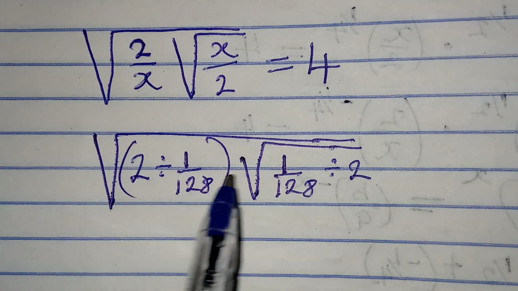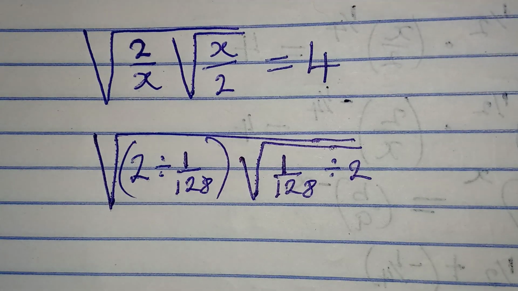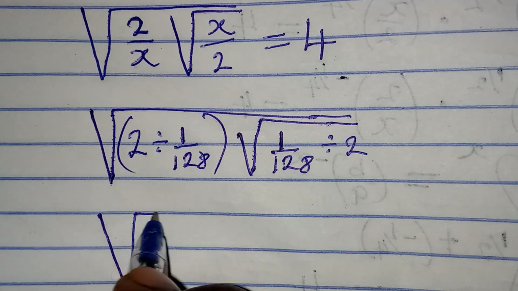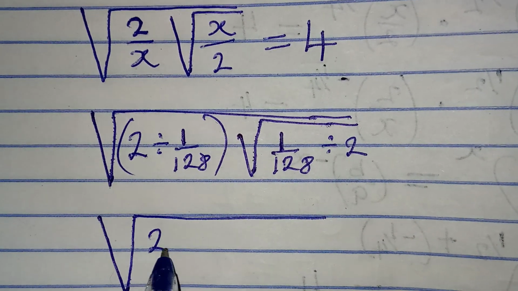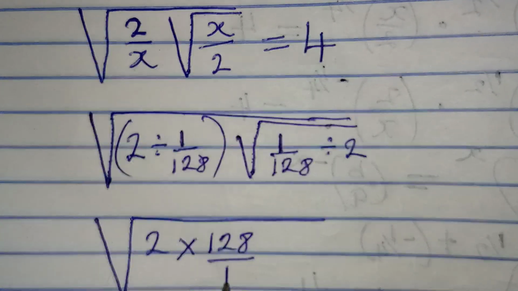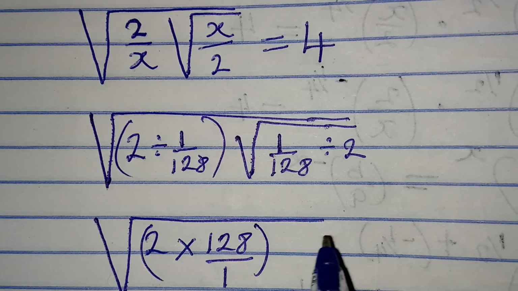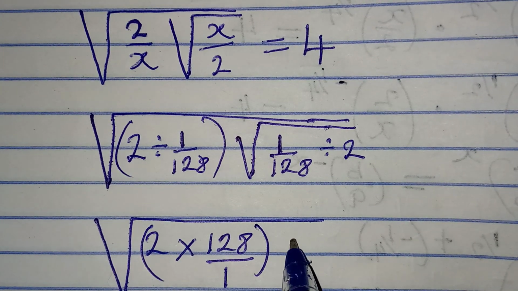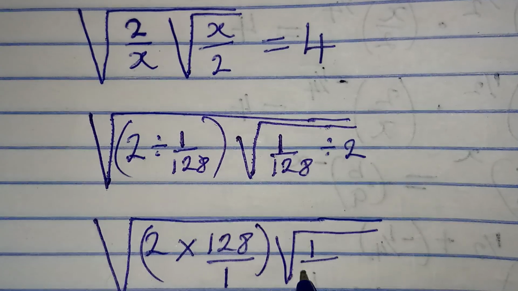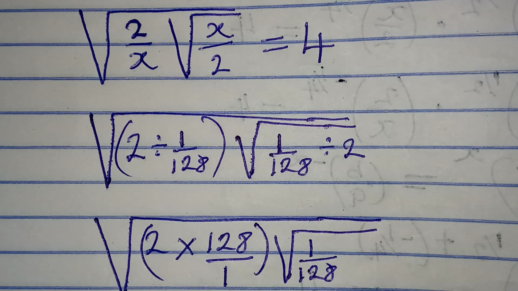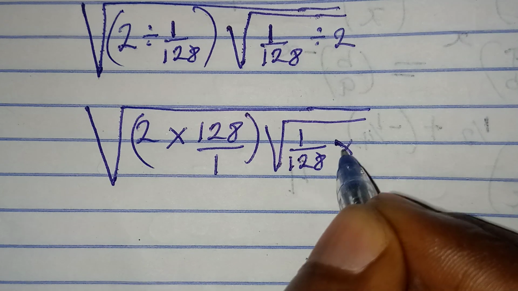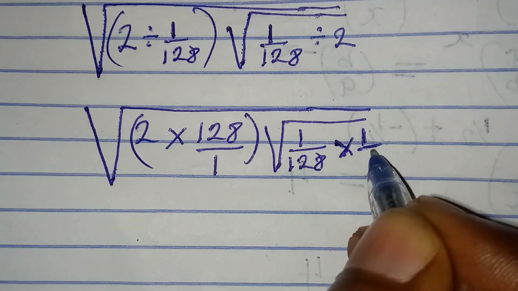Now, if I process this, are we going to have 4? That is the question. To continue, we will have the square root of 2 multiplied by 128 over 1. Then I have the square root again of 1 over 128 multiplied by 1 over 2.